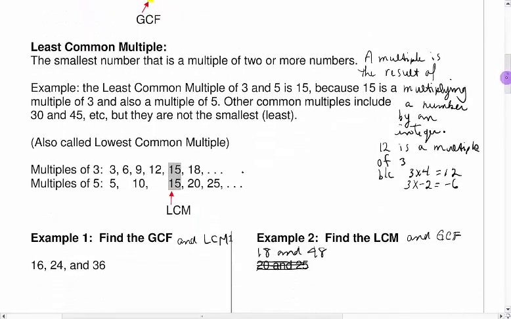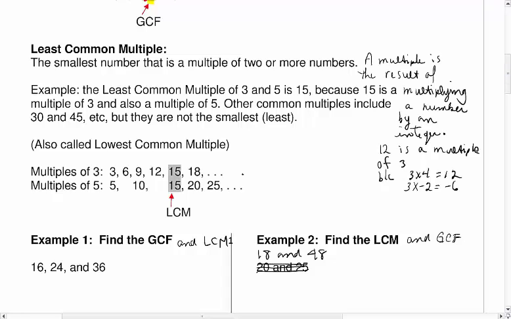So the least common multiple is the smallest number that is a multiple of two or more numbers. So just to refresh your memory as to what a multiple is, a multiple is the result of multiplying a number by an integer, okay? Not a fraction, by an integer.